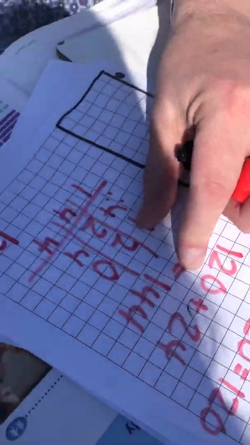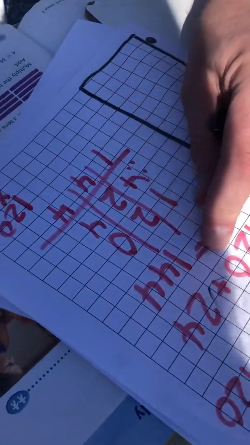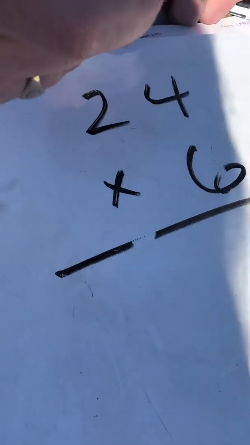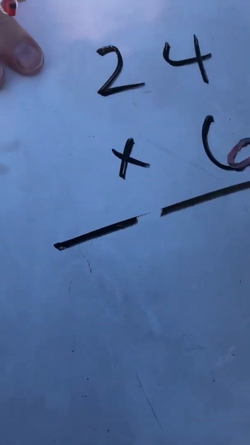How do you check that? Well, where was my original question? My original question was 6 times 24. So 6 groups of 4 is 24.